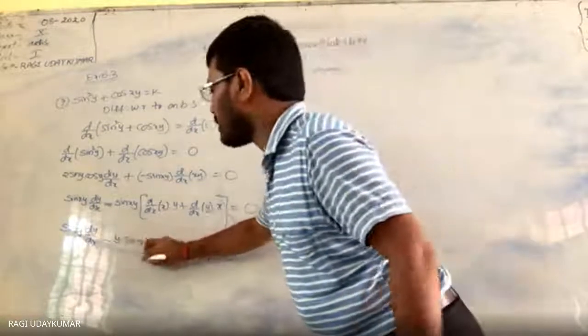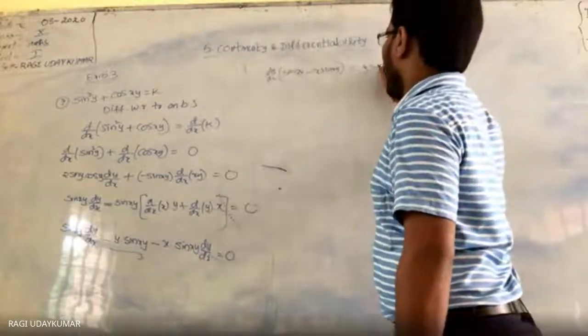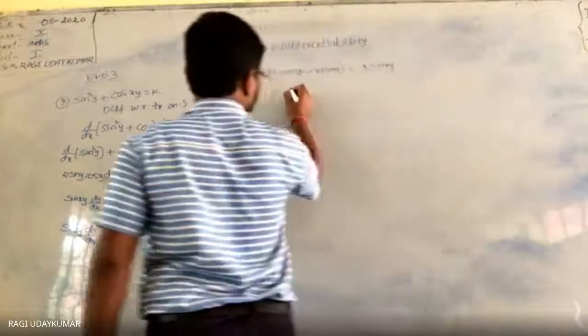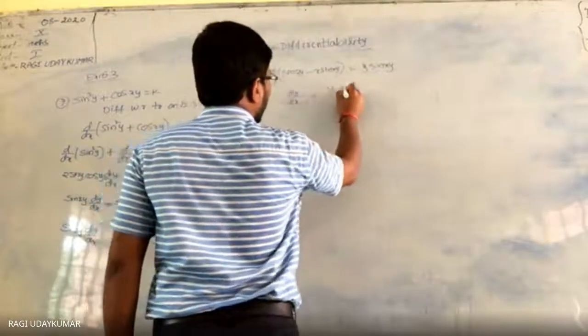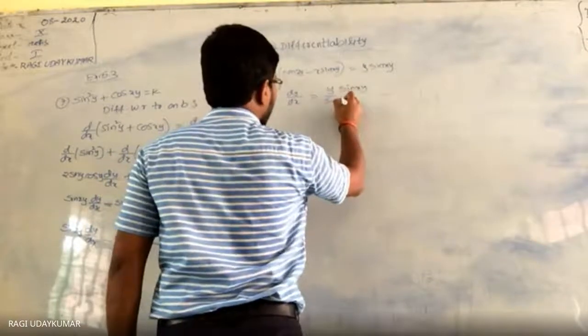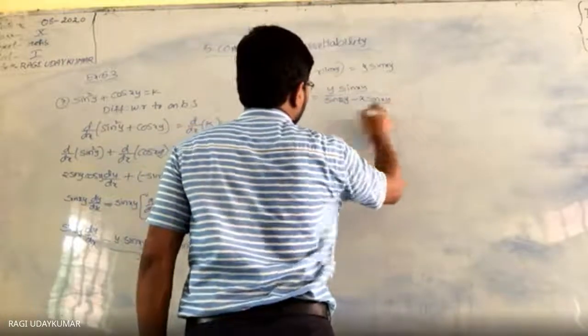Changing to the right side, what do you get here? y sin xy. So dy by dx is equal to y sin xy by (sin 2y minus x sin xy). This is dy by dx.